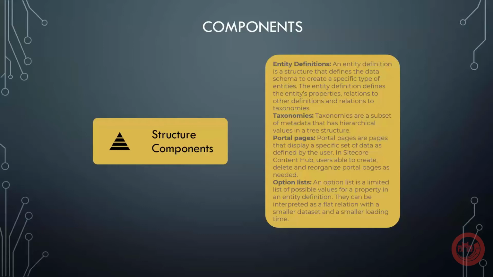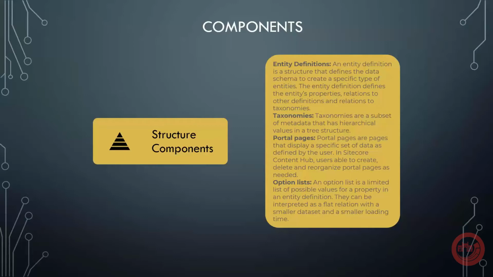And then the fourth one is portal pages. Portal pages, like it says, is a UI component. So we have pages in Content Hub, and we can customize them. And we have page components here, right? It's a different terminology, page component, which is exactly similar to the XP page components that we usually develop.